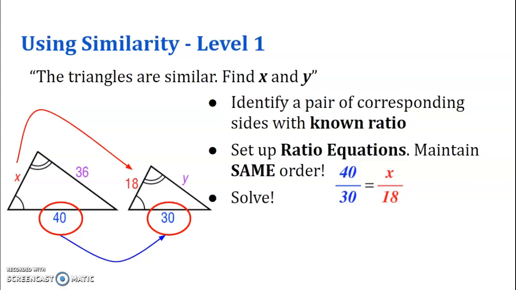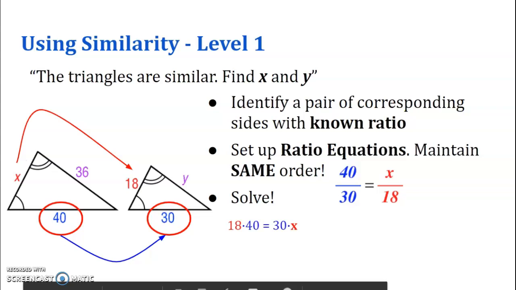How do I solve this? I am going to multiply both sides by 18 because X is being divided by 18. Here I've used the cross multiplying method, where I'm multiplying 18 with 40 and 30 with X, and you get 720 is 30X, and then from there you're dividing by 30 again to get X to be 24.